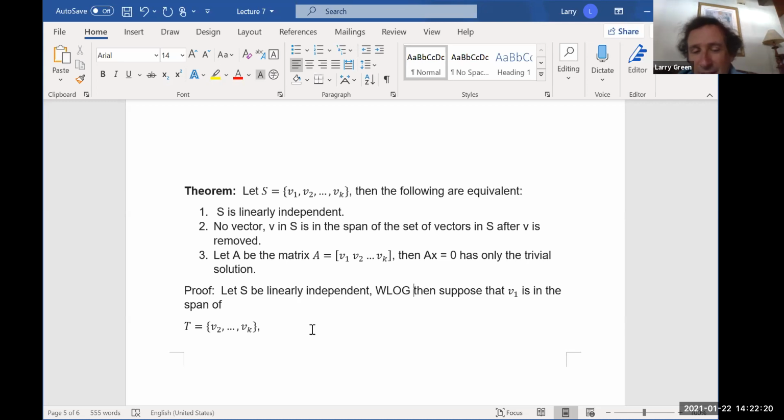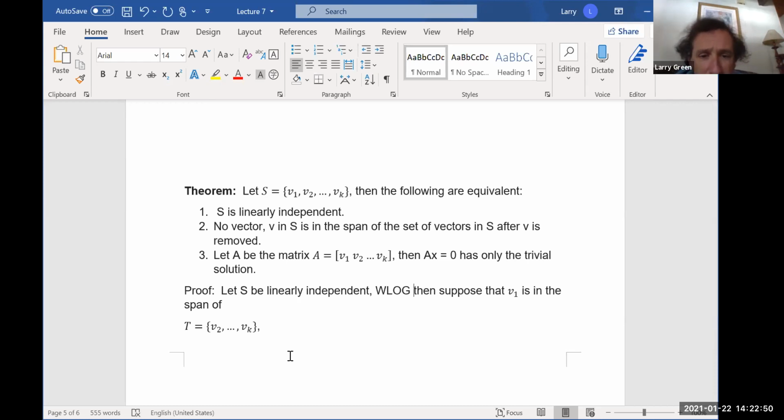So they'll call this a WLOG proof. The idea is, I'm just going to pick on V1. If it was, say, V7 instead of V1, just reorder. The order in which you write these vectors doesn't matter. Do you agree? Being linearly independent has nothing to do with what order you write them in. So I'm just going to let it be V1 because it's easier to type.